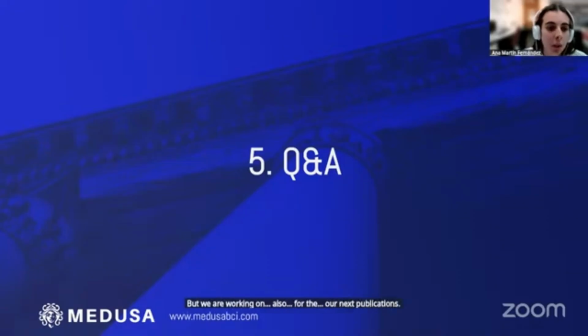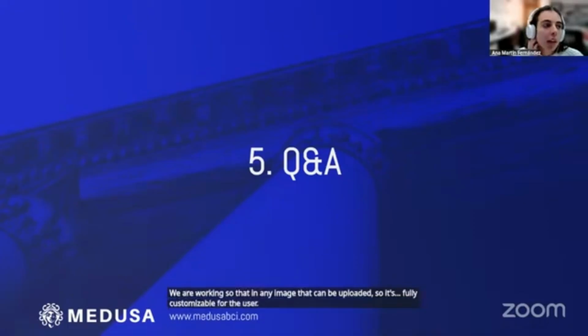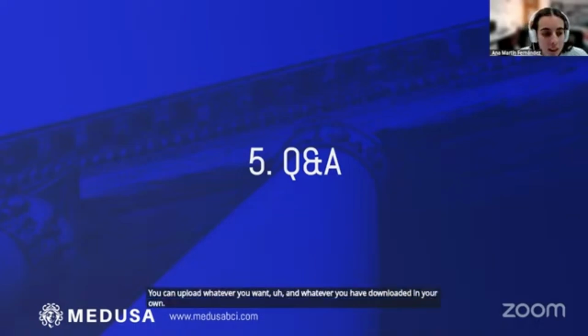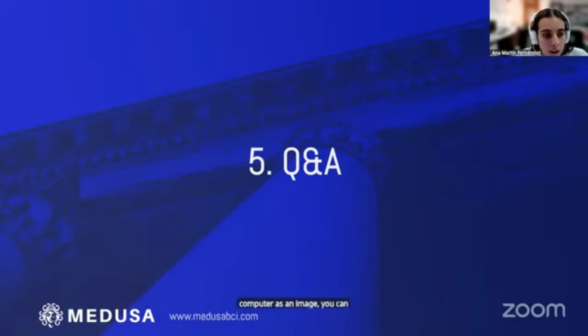We are working so that any image can be uploaded, so it's fully customizable for the user. You can upload whatever you want, whatever you have downloaded on your own computer as an image. You can use it for stimulation and also for the background.